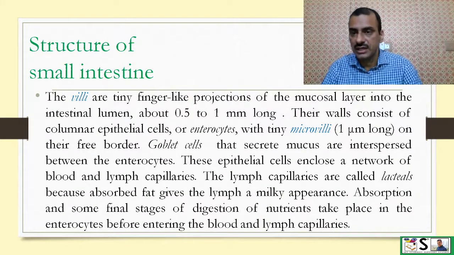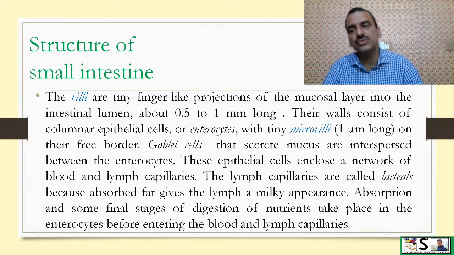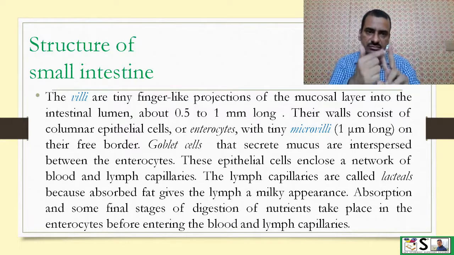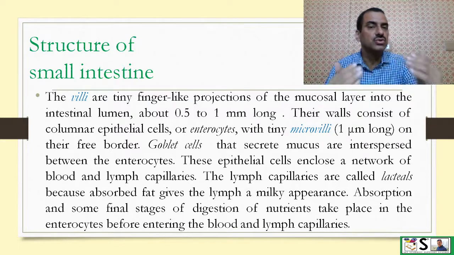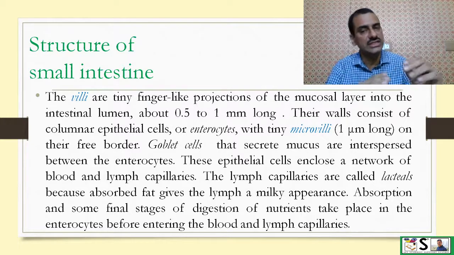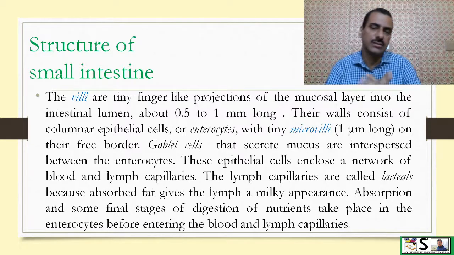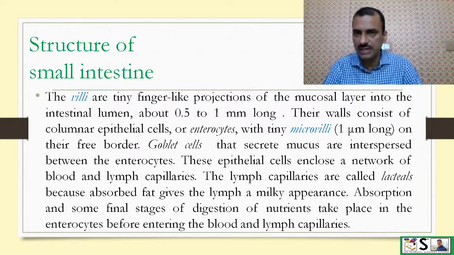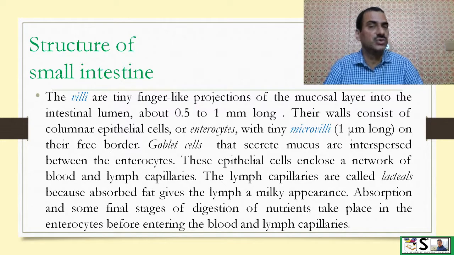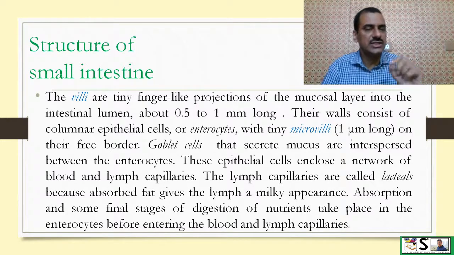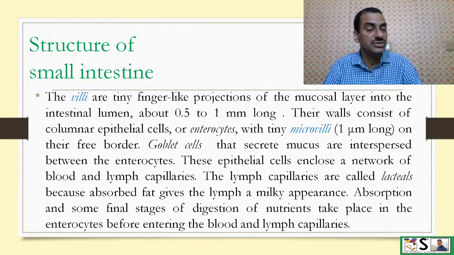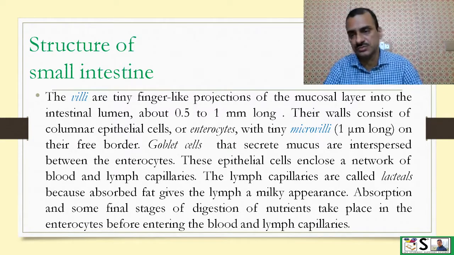Structure of small intestine is continued. The villi, which are finger-like projections in the mucosal layer into the intestinal lumen, are about 0.5 to 1 millimeter long. Their wall consists of columnar epithelium known as enterocytes, and these enterocytes have microvilli on their upper end which are 1 micrometer long.